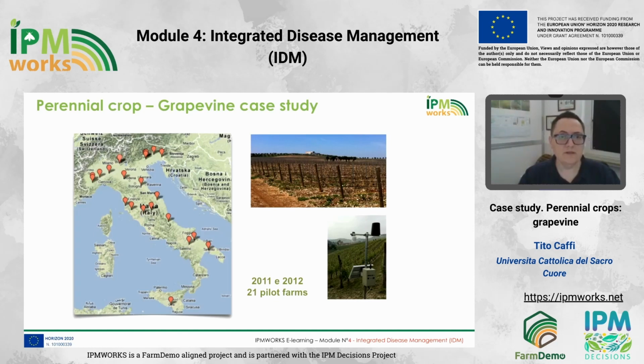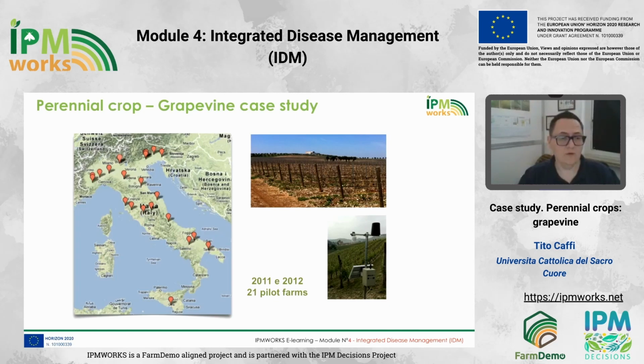We were using vite.net, which means grape.net. It is the name of the decision support system developed at Università Cattolica and the former spin-off Horta. We were testing over 2 years in 21 pilot farms, organically managed.